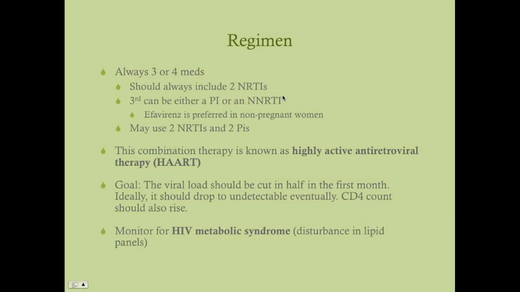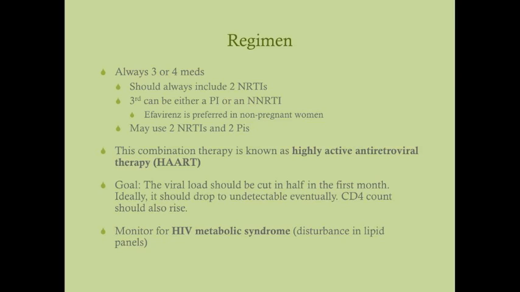So the regimen is going to be always 3 or 4 meds. We're just reviewing here, and it should always include 2 nucleoside reverse transcriptase inhibitors, and the third can be either a protease inhibitor or an NNRTI. Efavirenz is preferred in non-pregnant women. In pregnant women, we're either going to use one of the other protease inhibitors or a non-nucleoside reverse transcriptase inhibitor.